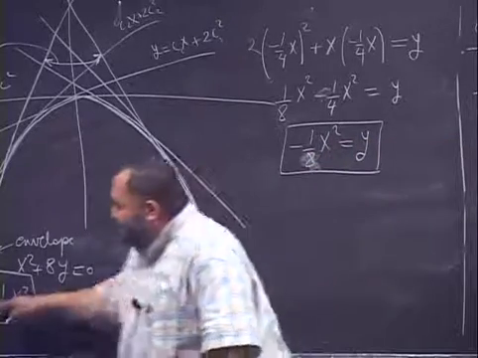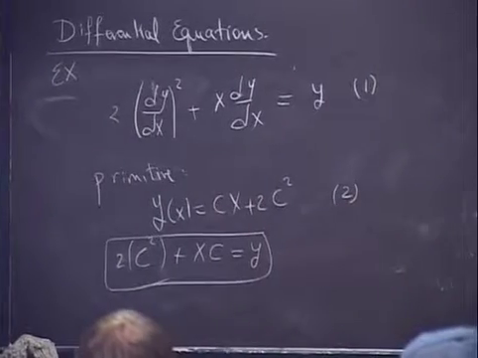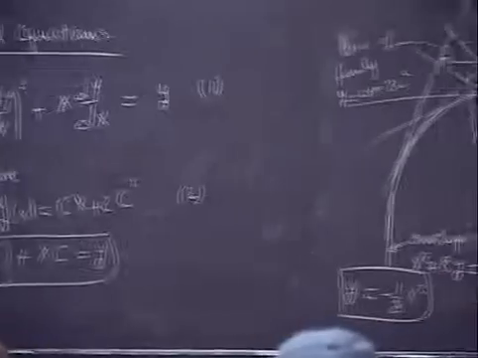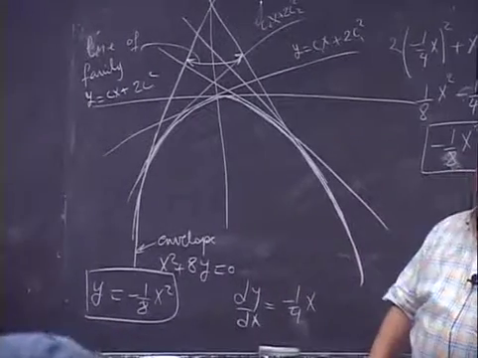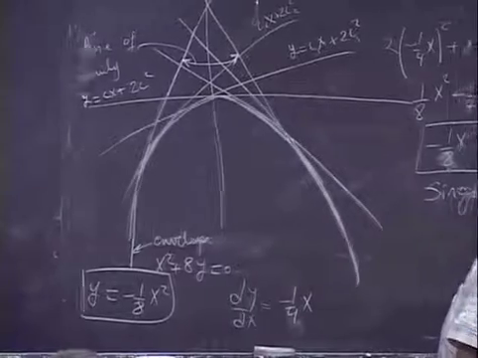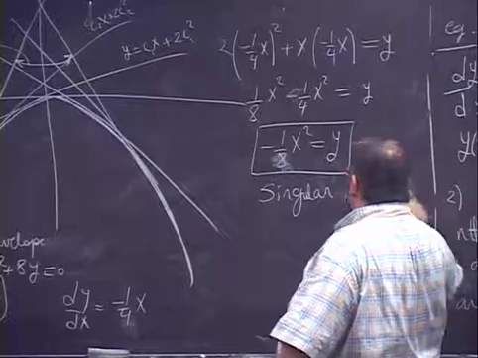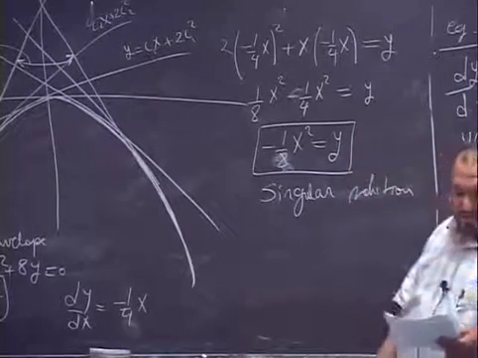Did we derive this solution from the primitive solution? No. We did not deduce this solution from the primitive solution. So this is why we call this a singular solution. Okay, guys?